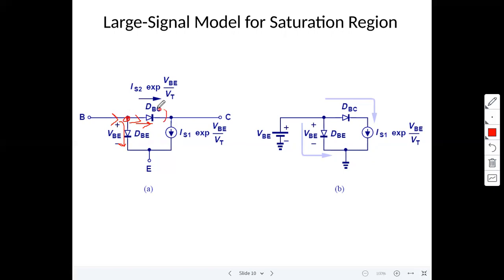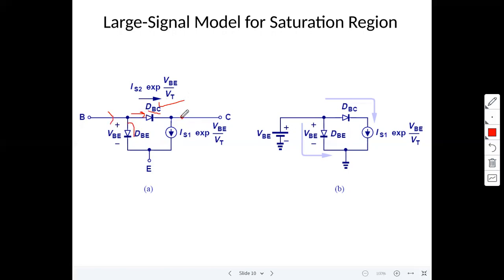Previously in active mode, there is no this diode because this is in reverse bias. But coming to saturation region, there exists a diode at base and collector junction. So there is a current. Now IB is equal to sum of this current and this current.